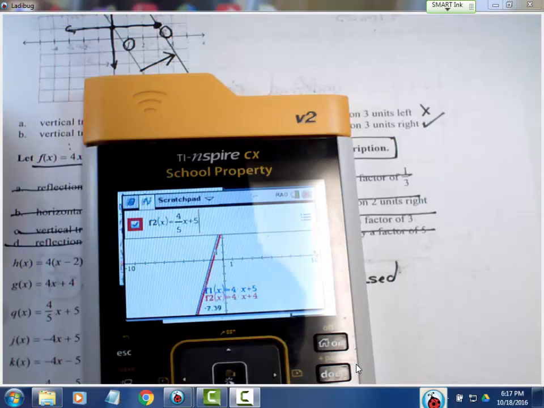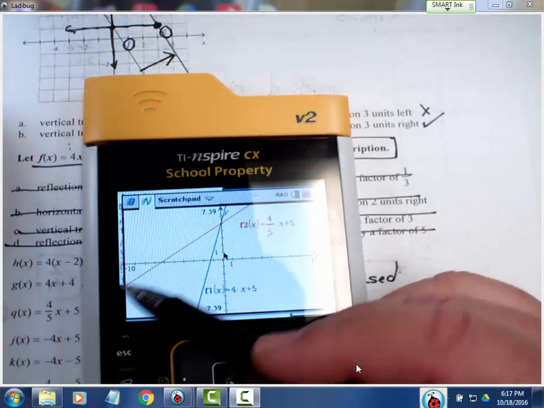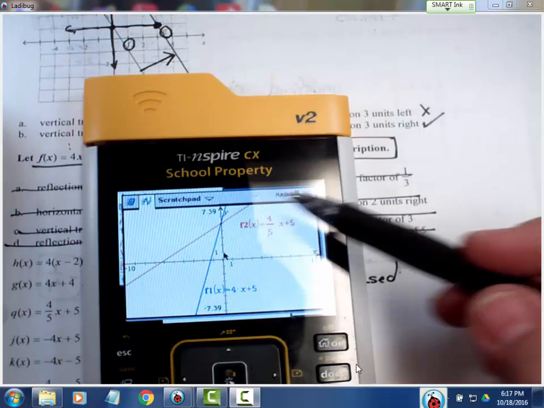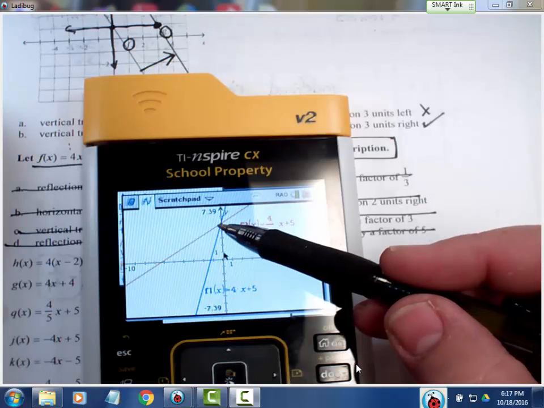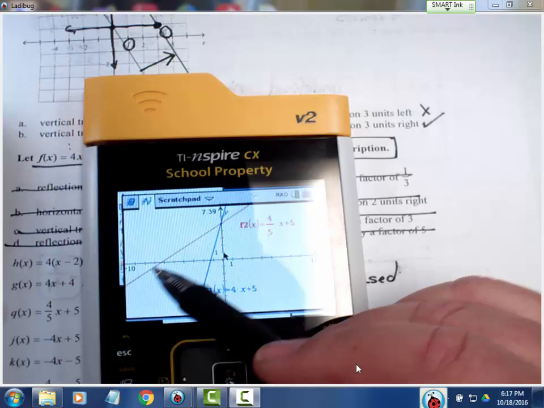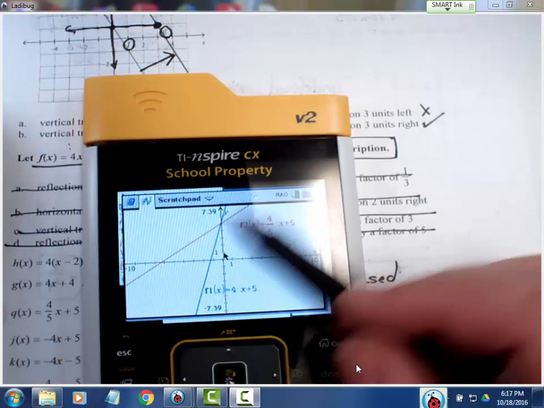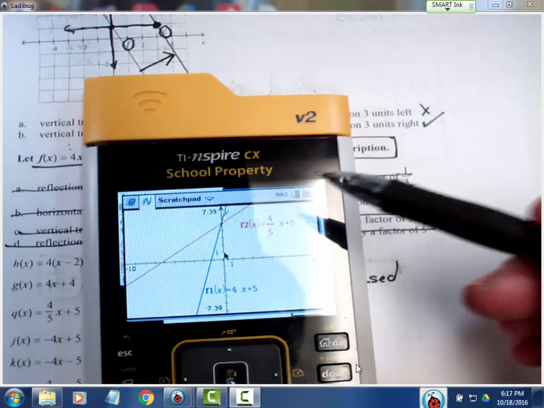Okay, and I hit enter, and now we can see our red line is coming along here. So how is that different? It intersects the y-axis at the exact same point, so my y-intercept didn't change, which means my line didn't shift. So I look at this slope, and this slope is flatter, so I would say that it's less steep, or that my slope decreased.